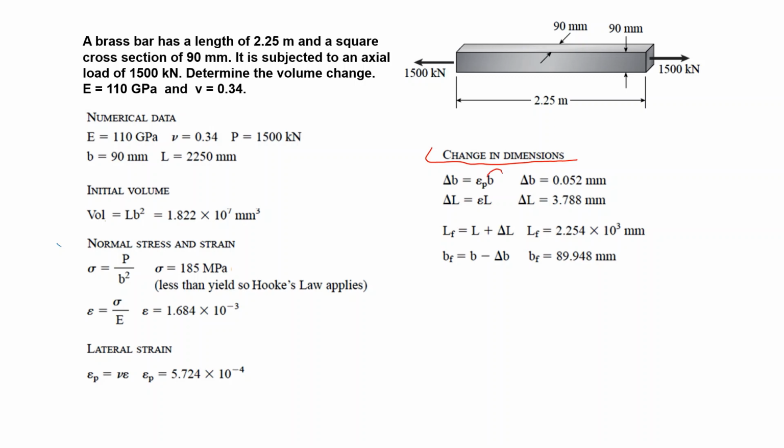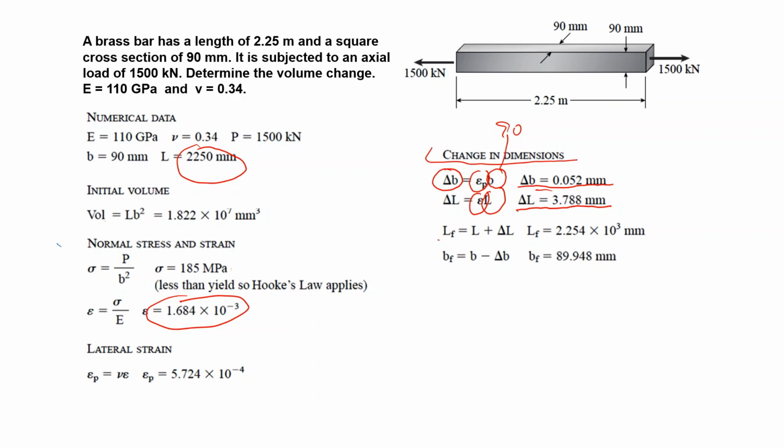Next, now I can calculate the change in the dimension. That was 90 millimeter, the square. This is the lateral. Delta B, the decrease in the dimensions of the cross section. The length was 2250. Longitudinal strain gives you the change in the length.